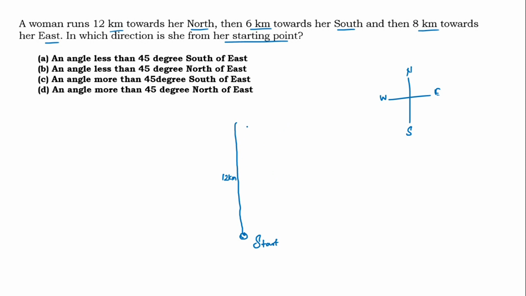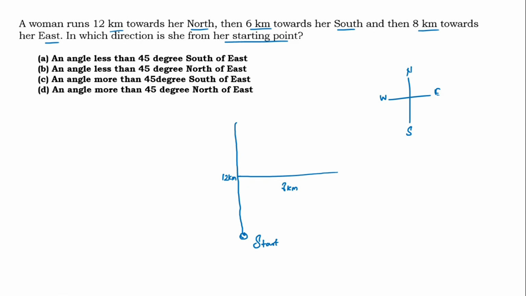So she is here now, and then 8 kilometers towards her east. In which direction is she from her starting point?